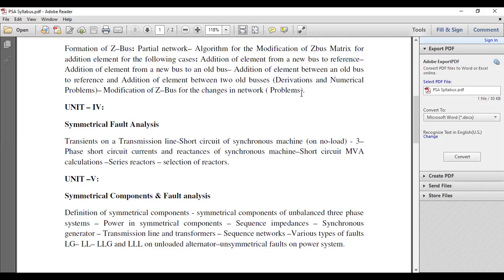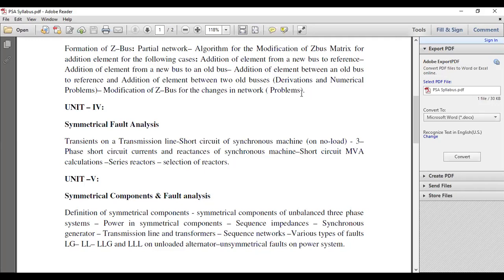Balanced means all three phase impedances are equal, three phase voltages are equal, three phase currents are equal, and phase angles are equal. But these are not similar in the case of an unbalanced system. Three phase voltages are different, impedances are different, and phase angles are different. All the parameters are different. That is the big difference between a balanced power system and an unbalanced power system.